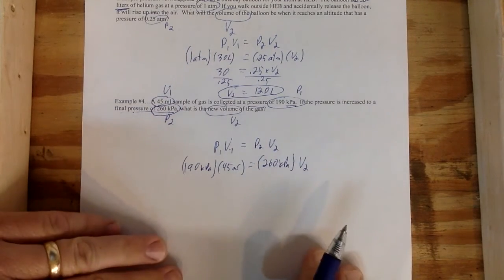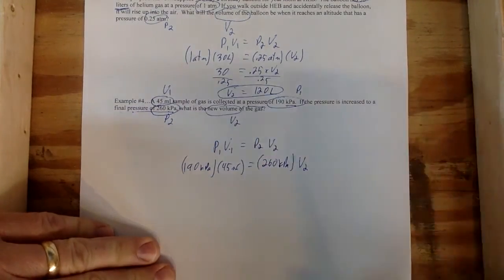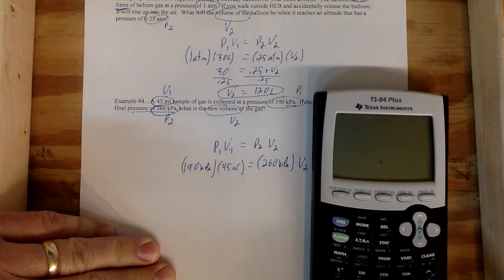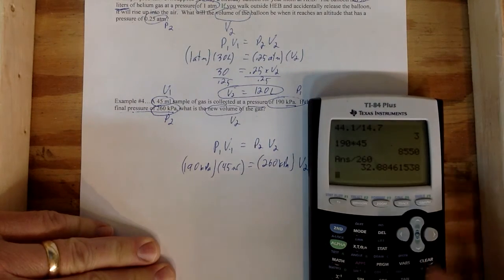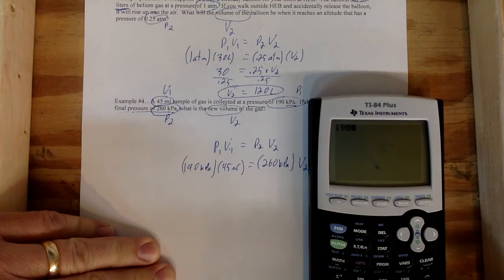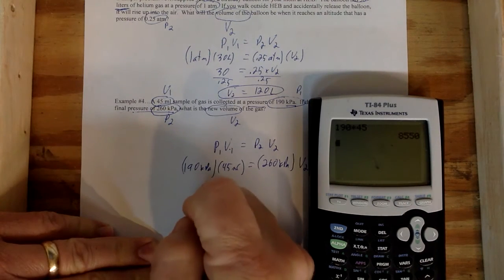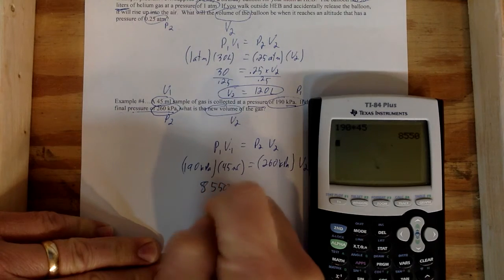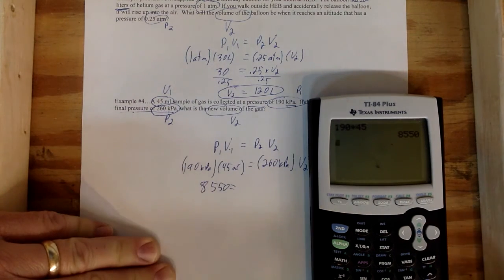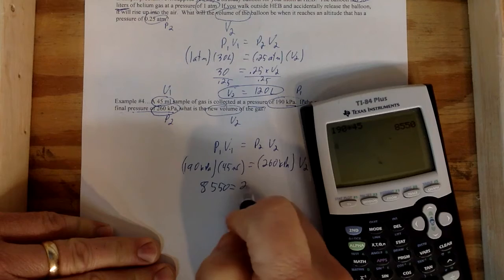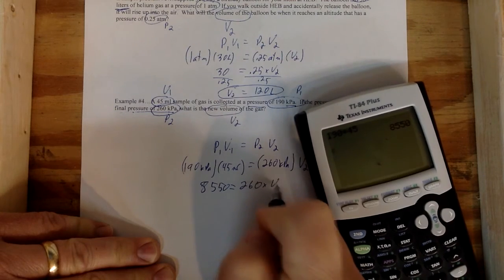So now I need to multiply 190 times 45. I'll break out the calculator here, and 190 times 45 gives me 8550. So I got 8550 on the left, and on the right side, 260 times V2. That stays as 260 times V2.